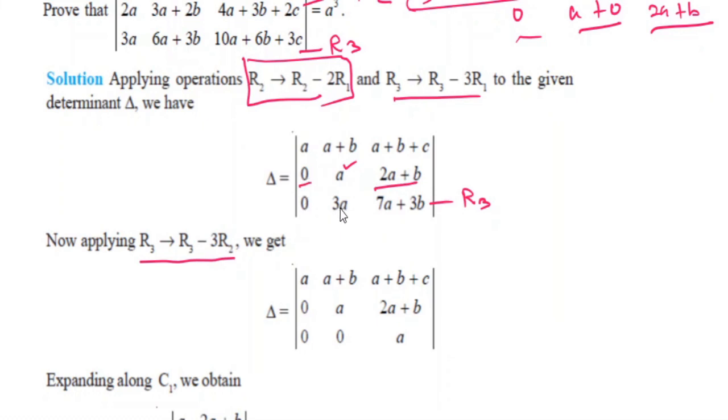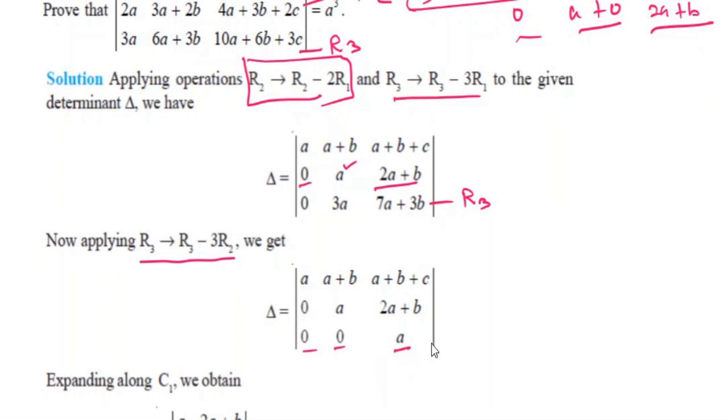And then 3A minus 3A, so 0. And then with 3R2, this is 6A and this is 3B. So 7A minus 6A, that is A. 3B minus 3B is 0, and it results in A only.